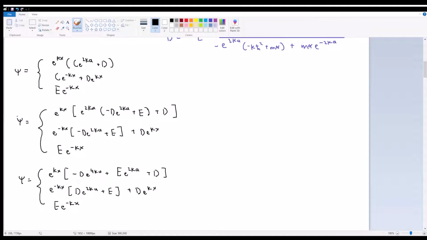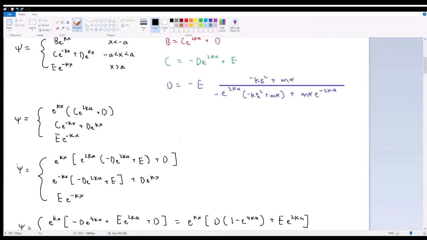So we can rearrange this a little bit. This is going to become e to the kx times d multiplied by 1 minus e to the 4ka plus e times e to the 2ka.